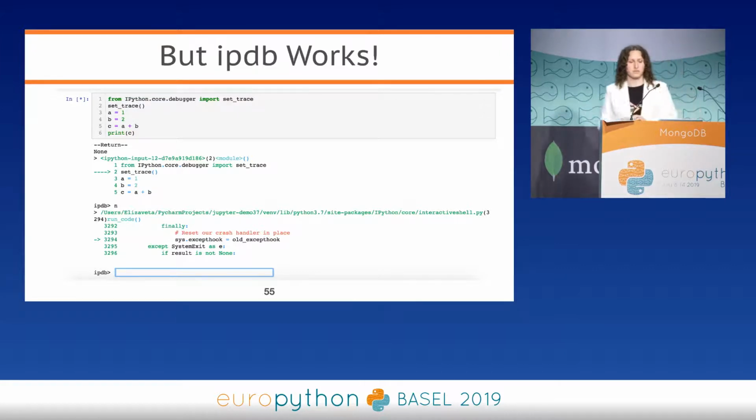You type some command, the debugger receives it, does some actions, and asks you for the next command. You type it again, the debugger receives it, and so on and so on. So an IPDB debug session is in fact a sequence of request-reply commands which the kernel sends to the frontend and back.